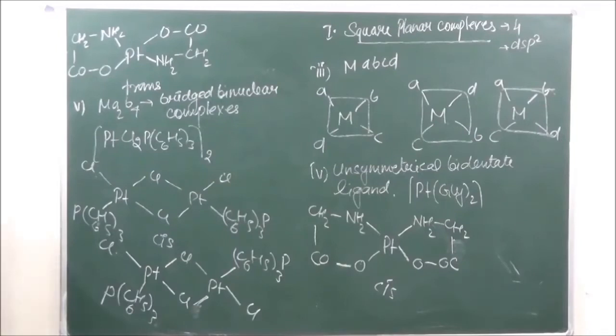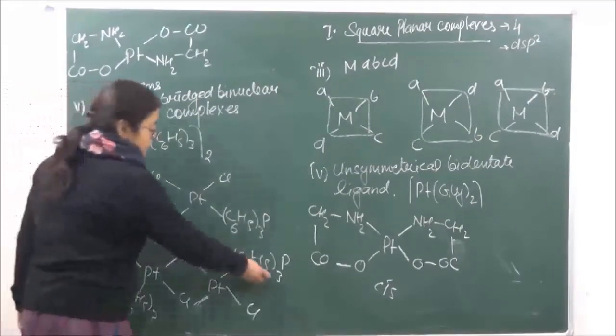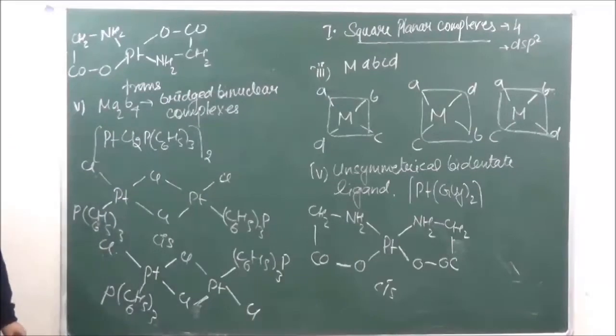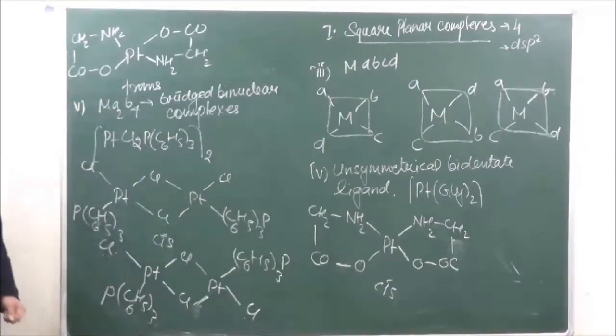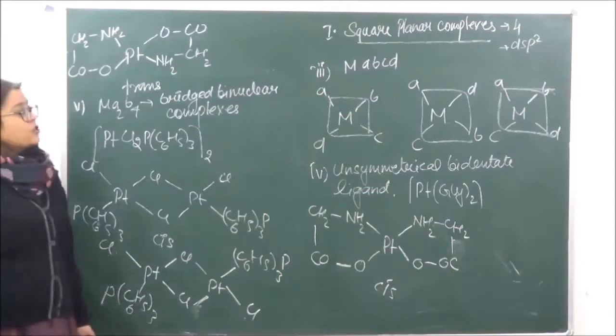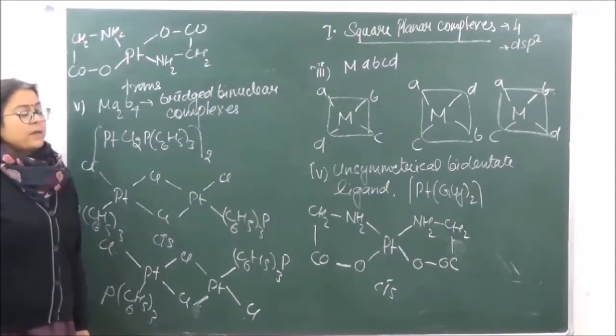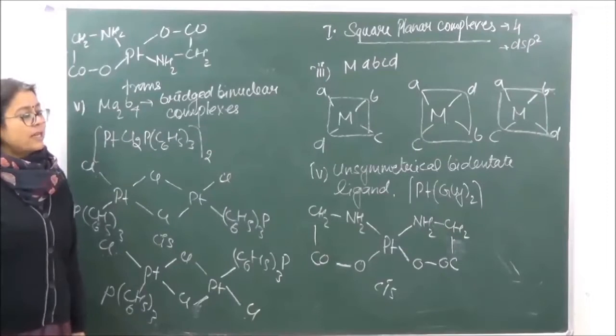Is it clear? So you can see over here that the chlorine and the triphenylphosphine are on the same side, or chlorine and chlorine, they are on the opposite side. So this is going to be the trans form. Okay, so all these molecules of square planar geometry are going to exhibit cis and trans or geometrical isomerism.